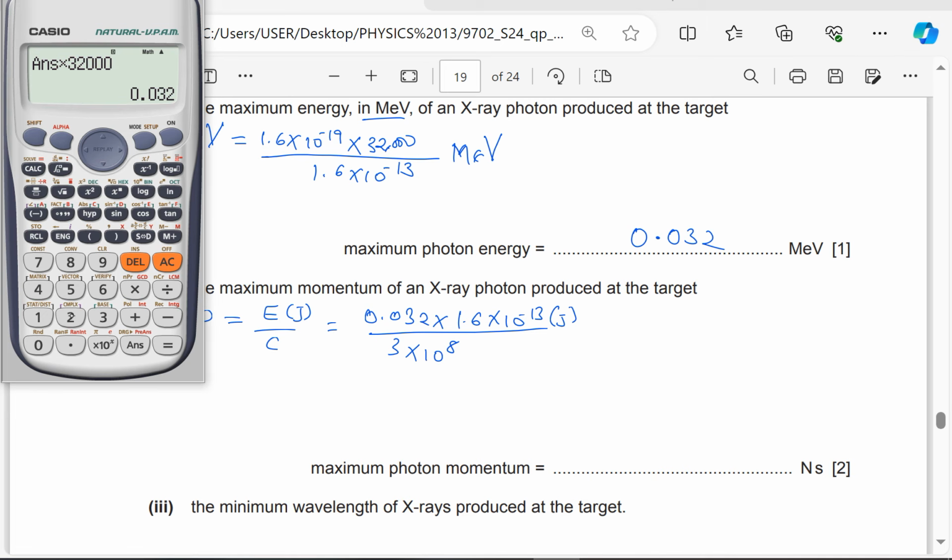So I have that times 1.6 exponent minus 13 divided by 3 exponent 8. So I'm getting 1.71 or 1.7 times 10 to the power of minus 23.